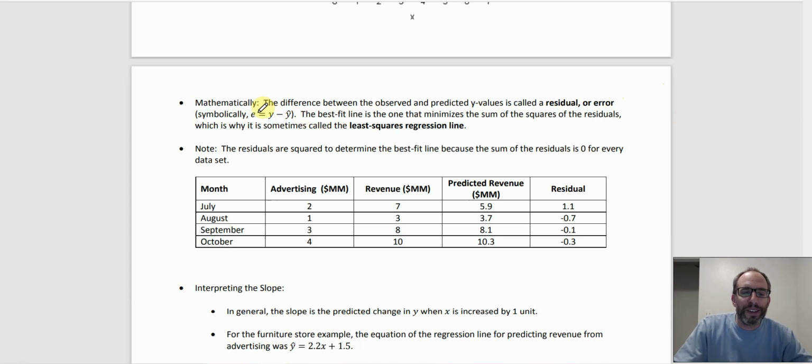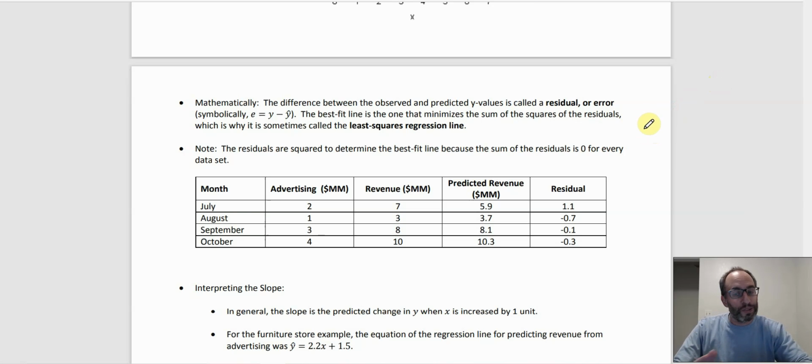Symbolically, it uses an E, not an R, because R is already taken for correlation, so you can't reuse it. So you use the E that stands for error, right? And then the best fit line is the one that minimizes the sum of the squared residuals. And that's why you get the phrase least squares regression line. That's where that comes from, because it minimizes the sum of squared residuals.